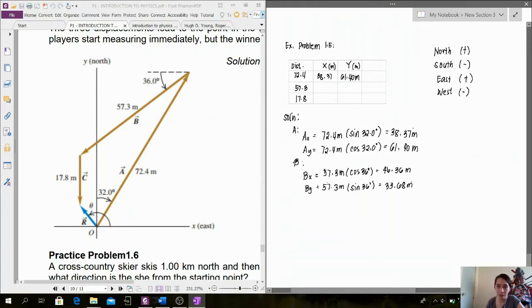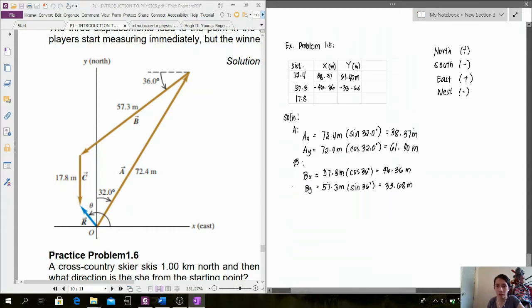So let's put this into the table. Notice that the x component is directed to the west, so we will take that as negative 46.36 meters, and the y component is directed to the south, so that is negative 33.68.